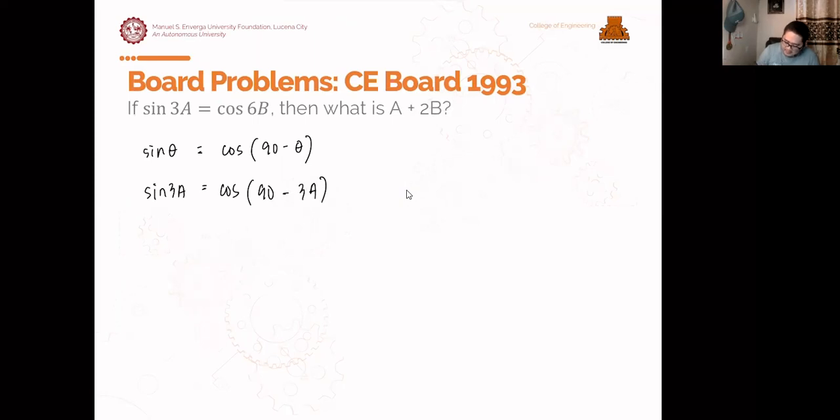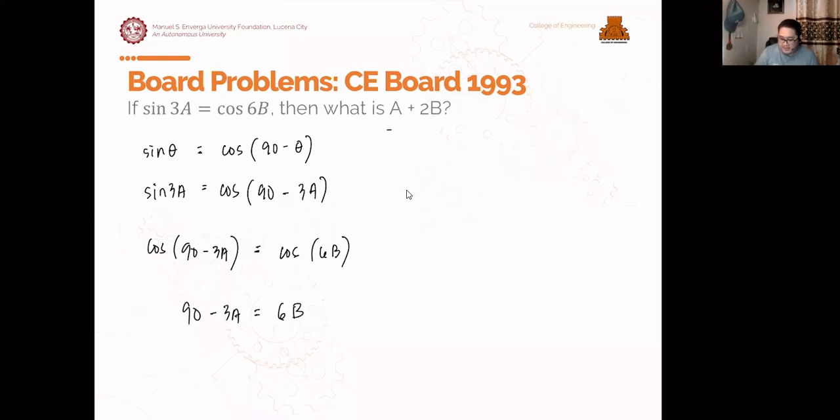So, using this, pwede natin itong substitute ngayon doon sa original natin na sine 3a is equals to cosine 90 minus 3a. So, cosine of 90 minus 3a is equals to cosine of 6b. Okay? Then since both side of the equation merong cosine, pwede natin siyang i-remove parehas. So that will be 90 minus 3a is equals to 6b.